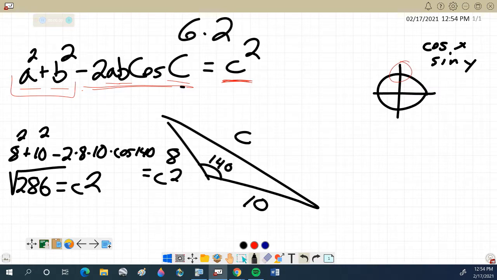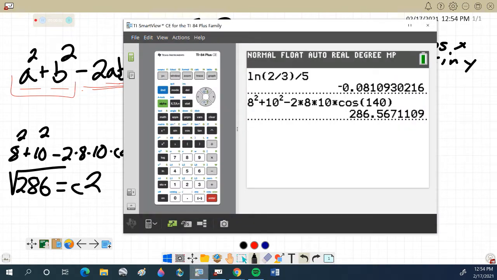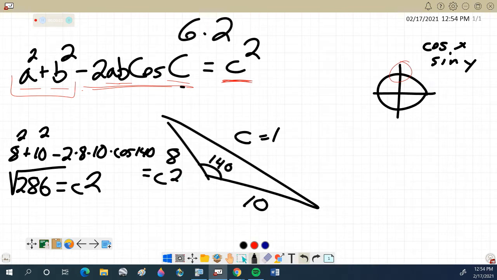I take the square root, and I get 16.9. Is that a reasonable number? Yes. Why is that a reasonable number? It's bigger than all the others, and 140 is larger than all the other angles, so that works.